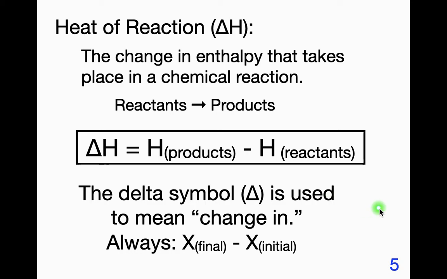This will make more sense in a few minutes. Now this is the definition of the change in enthalpy, the enthalpy associated with a chemical reaction. Now there's two possibilities. Either the reaction gives off heat or it absorbs it. So we'll look at those two examples.